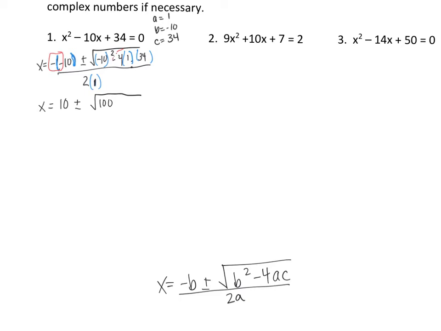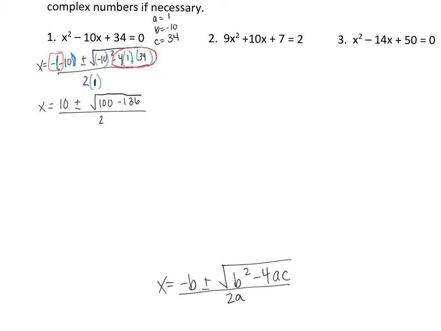And then I'm going to focus here. I need to do some multiplication with these three numbers. So -4 times 1 is -4, and -4 times 34 is -136, all over 2 times 1, which is just 2. Okay? And then we're just going to keep going.